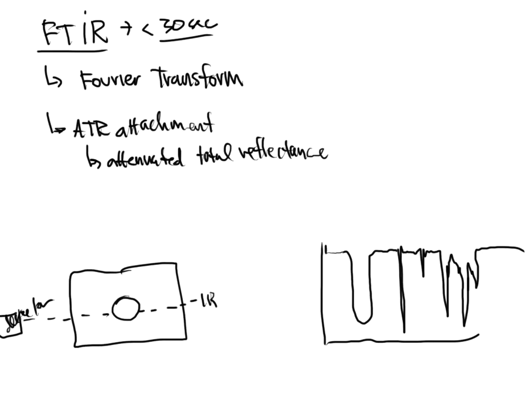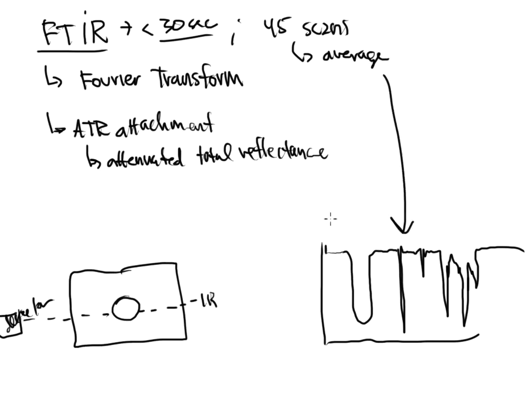The FTIR that we have will do 45 scans every run, and it will average all 45 of these pictures together to make one. And it presents us with a more statistical kind of representation of what this infrared would look like.